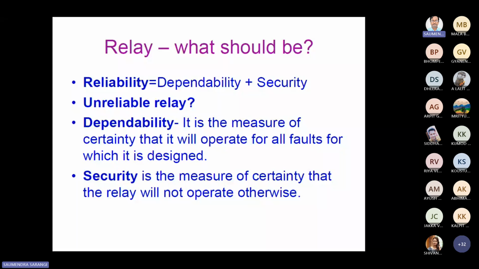Because that is not designed for 10 ampere. So when you are trying to understand the total concept, what is the relay? Relay is to detect the fault.